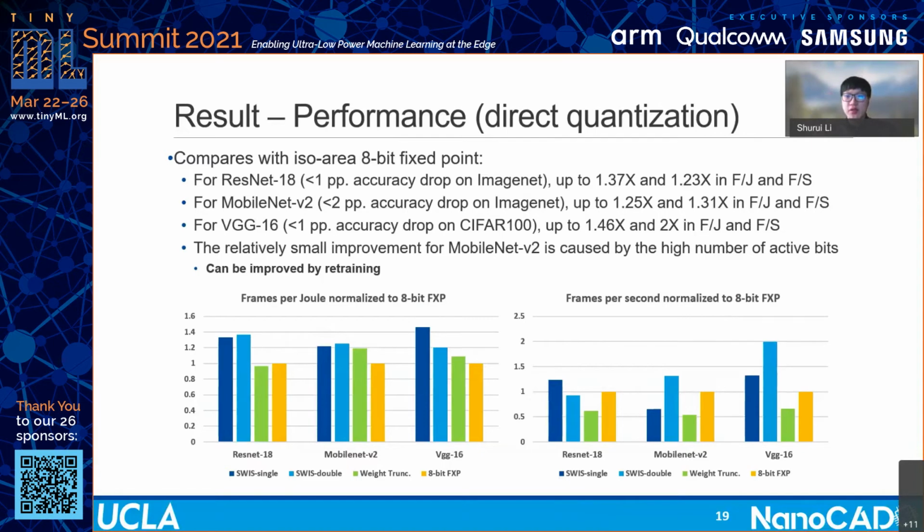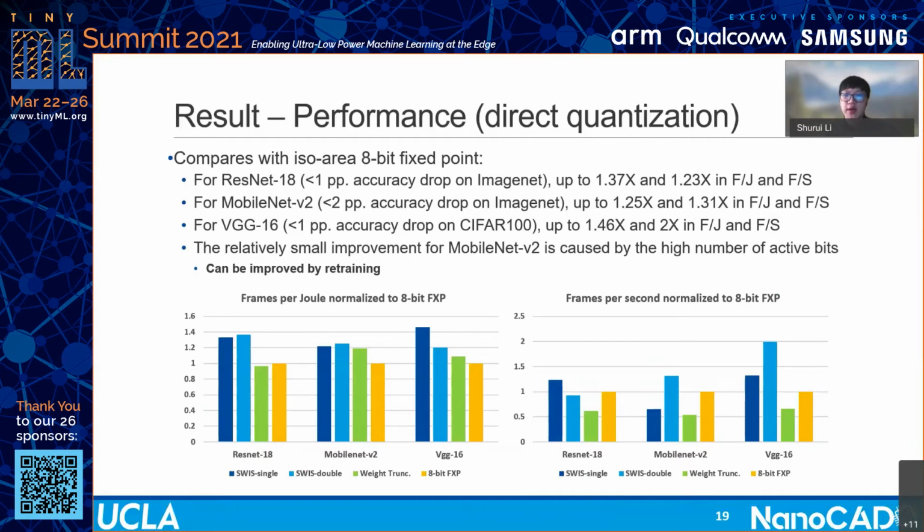For MobileNet v2 and within a 2 percentage point accuracy drop, SWIS achieves up to 1.25x and 1.31x in frames per joule and frames per second. We also benchmarked VGG16 on CIFAR, and SWIS achieves up to 1.46x and 2x in frames per joule and frames per second within a 1 percentage point accuracy drop.